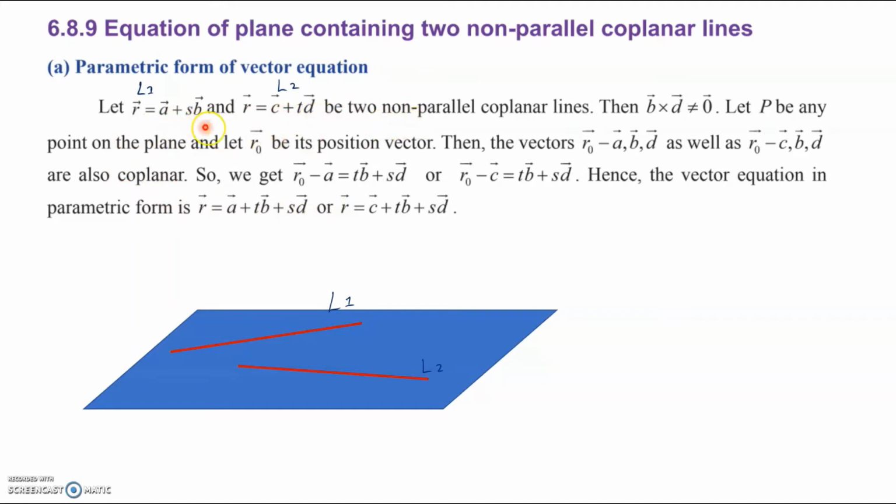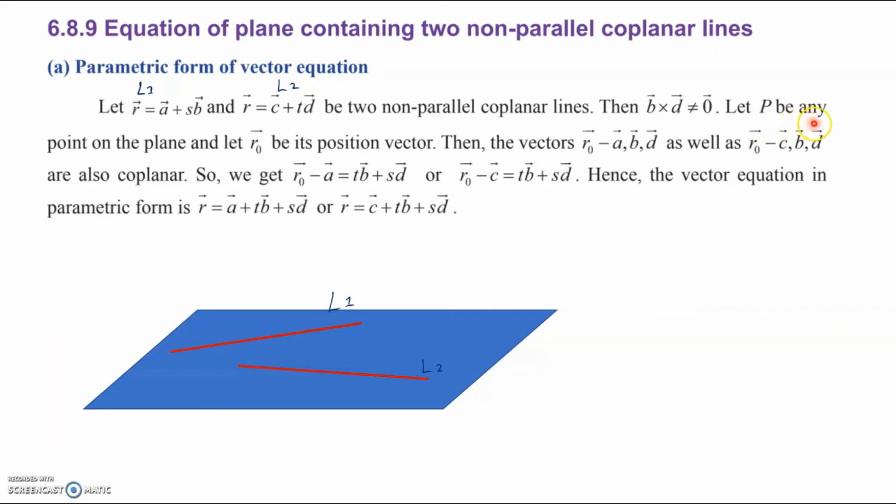So let L1 and L2 be two non-parallel coplanar lines. Then B cross product with D is not equal to 0. Now we know that these two are not parallel. Therefore, the cross product will not be equal to 0 vector, because B and D are parallel to L1 and L2, and they are not parallel to each other.